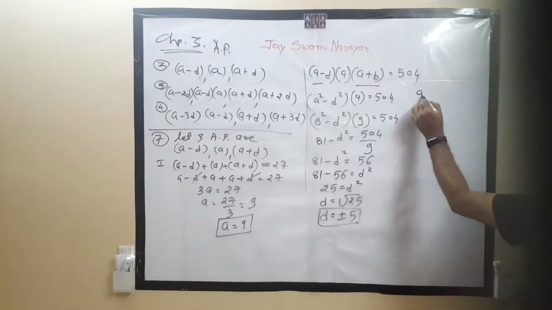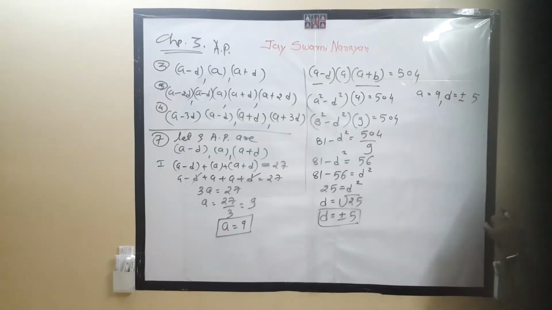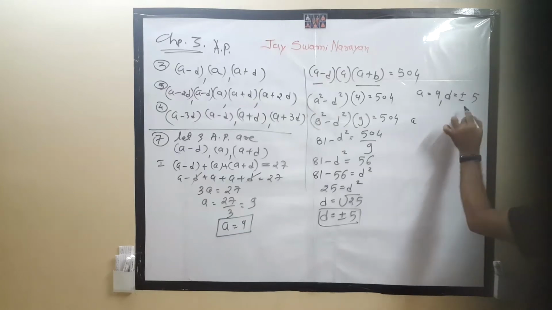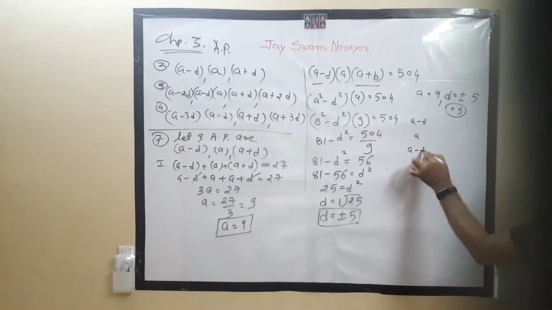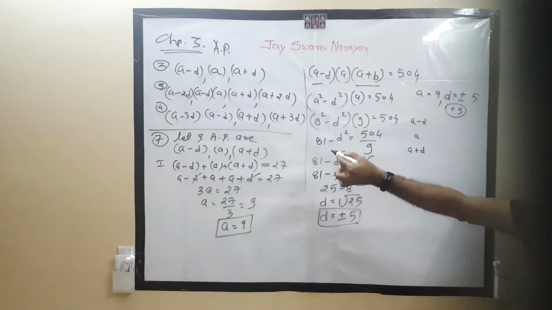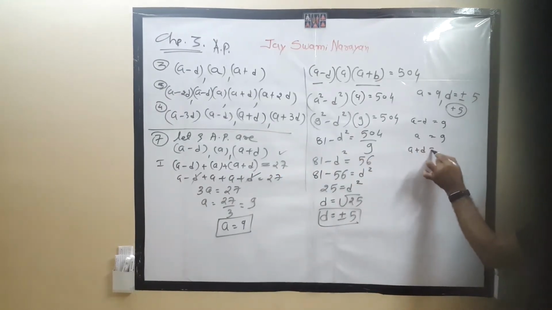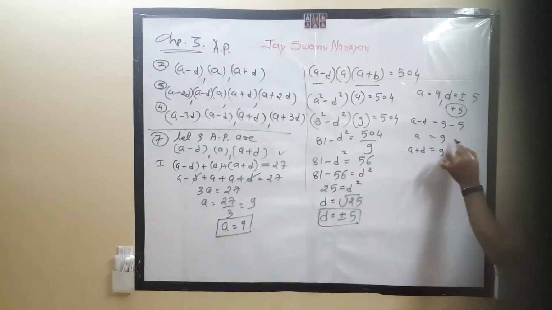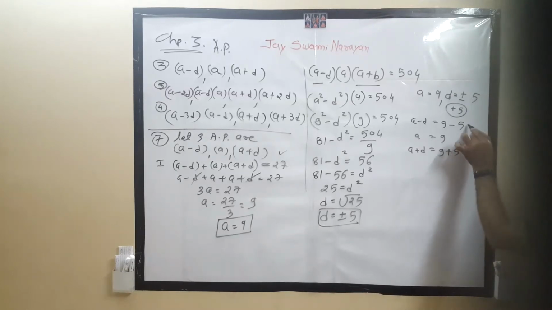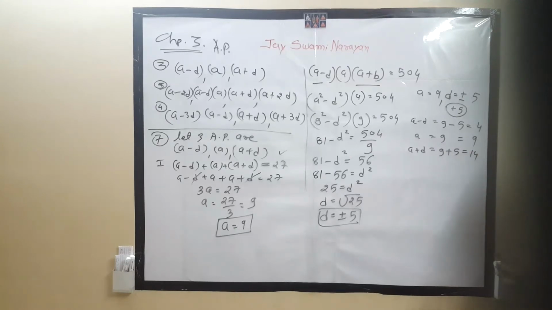Now you have A equal to 9 and D equal to plus or minus 5. First I will select plus 5. So the numbers are A minus D, A, A plus D, which we have to find out. 9 minus 5 is 4, 9, 9 plus 5 is 14, with a difference of 5.